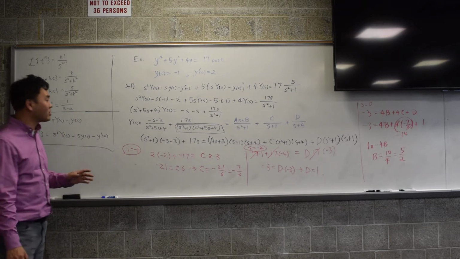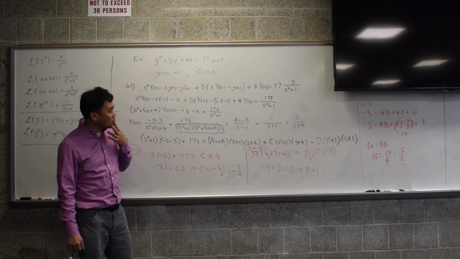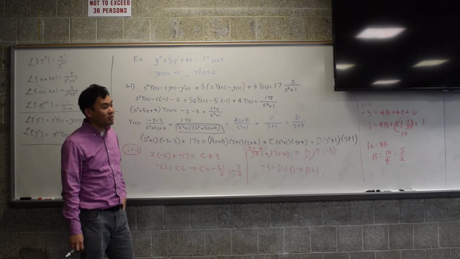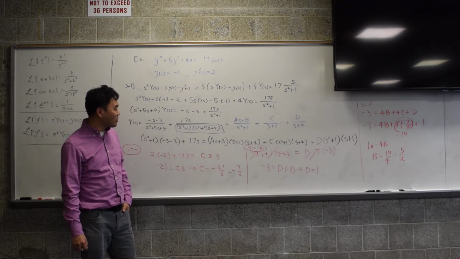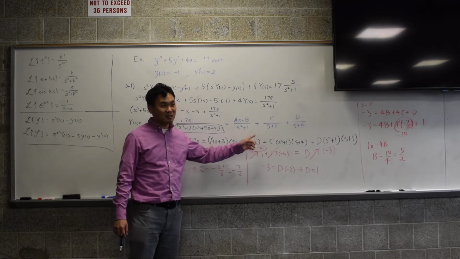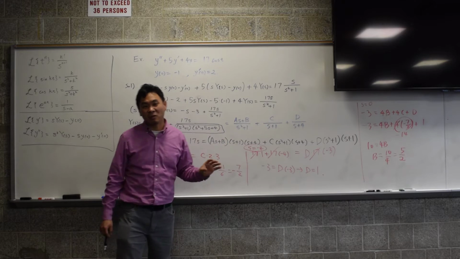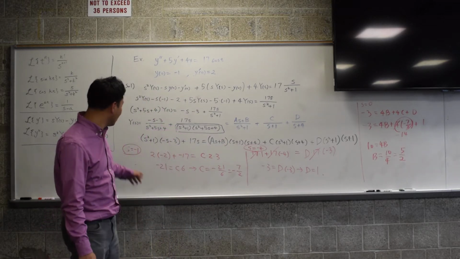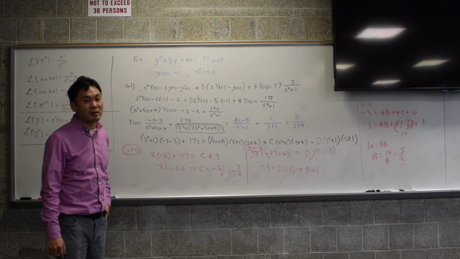So you want to compare the correct coefficient, and by doing that, you can find out what a is. However, we all know that comparing coefficients requires expanding everything and organizing everything in terms of powers of s, and that's a very long procedure, and you don't want to be spending all the time. After all, we're plugging in these numbers so that we can avoid the coefficient comparison, right?